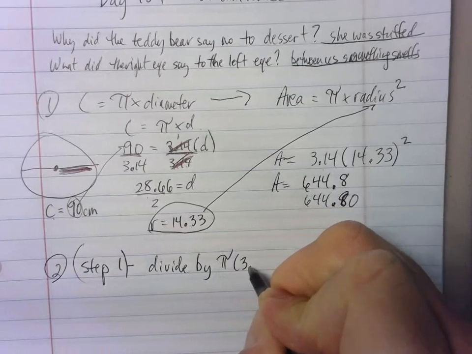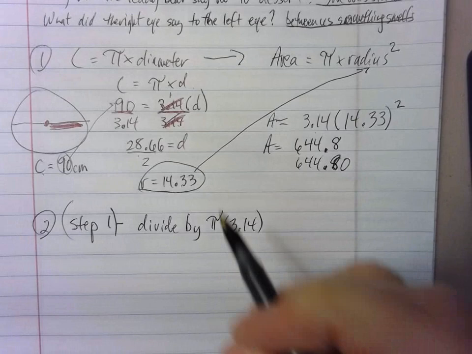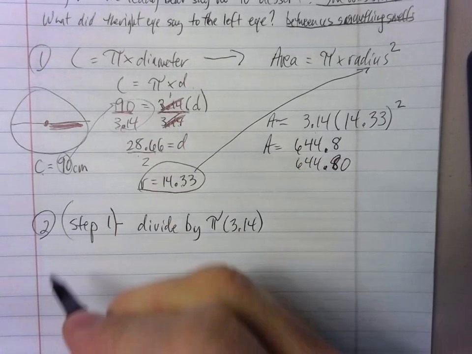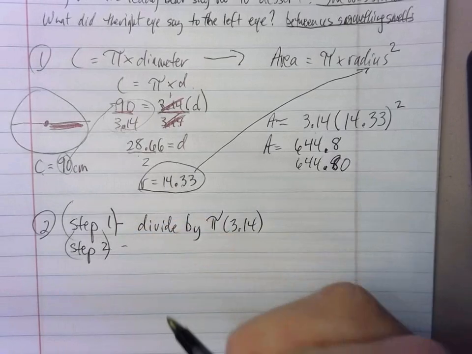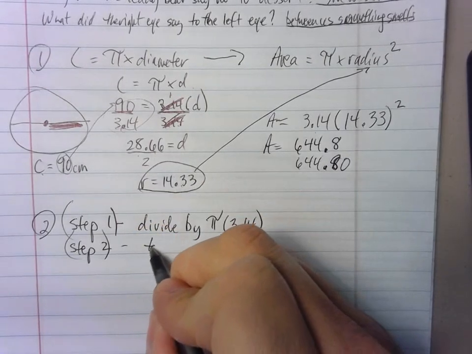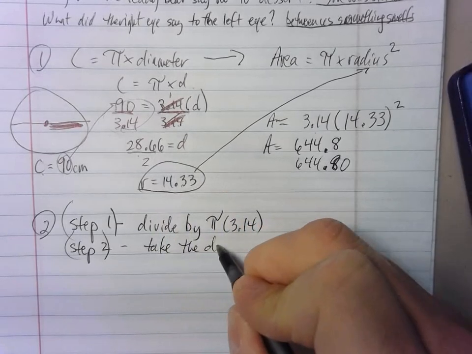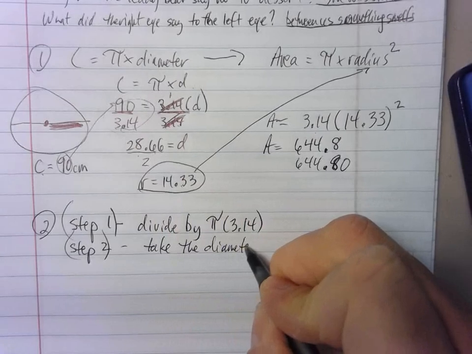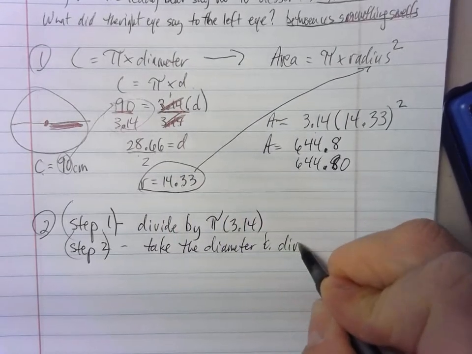Okay, and you know you're doing pi is 3.14. Alright, and we did that there. Okay, and if we go to step 2, once you've got that, take the diameter and divide by 2 to get the radius.